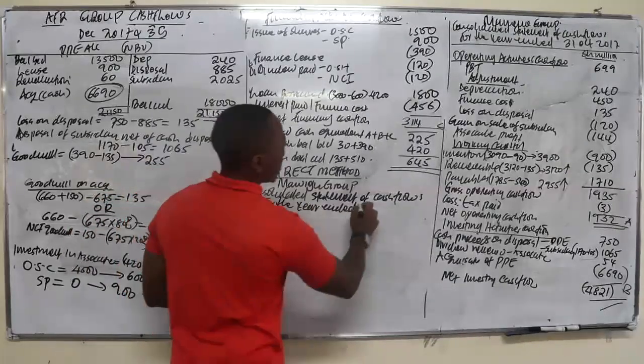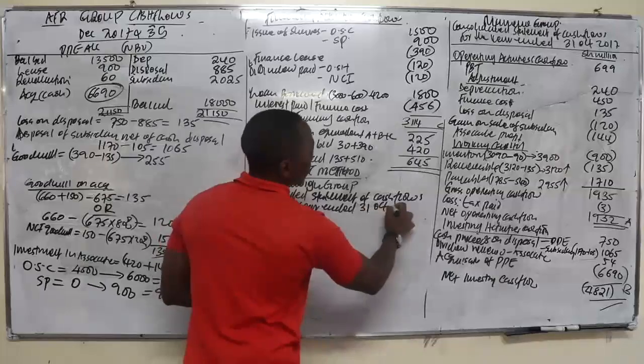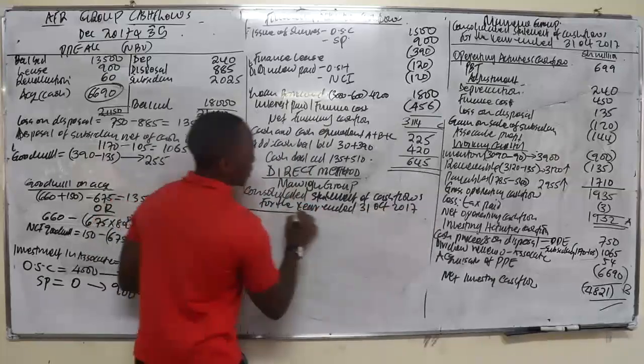When is the year ending? That 1st October 2017.